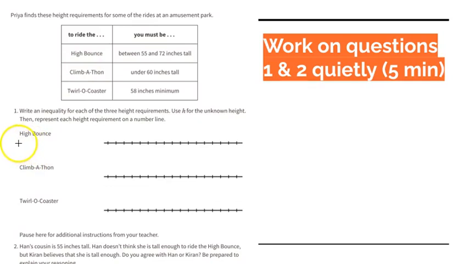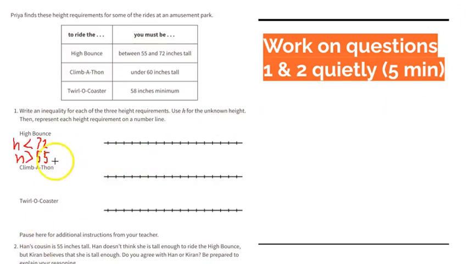For the High Bounce, you're talking about the height must be less than 72 inches, but the height also needs to be greater than 55 inches. Let me rewrite this real quick, hang on.